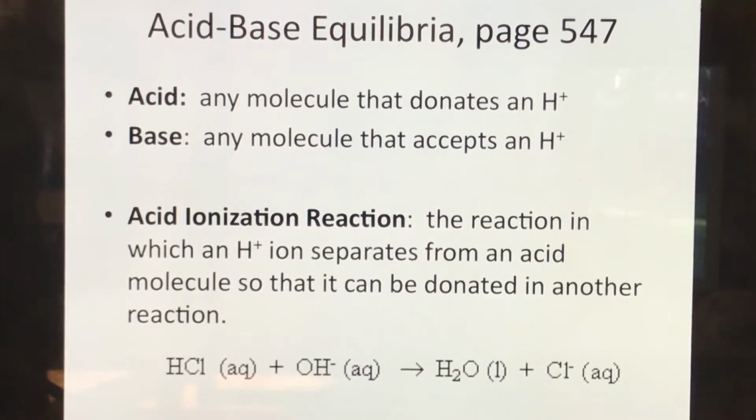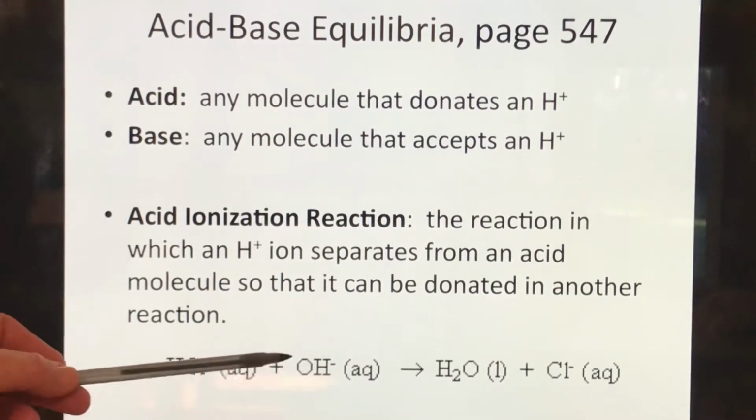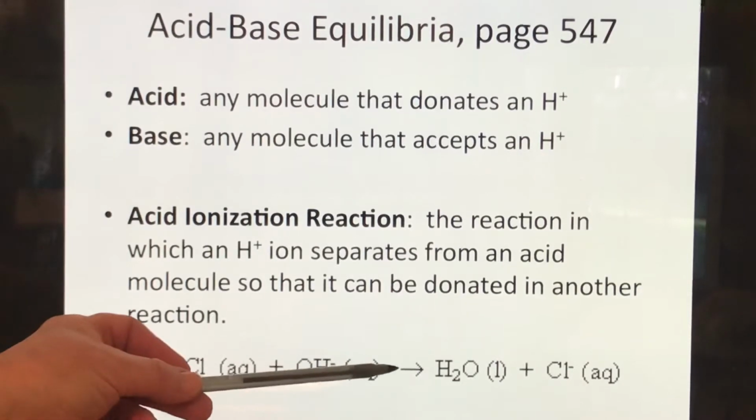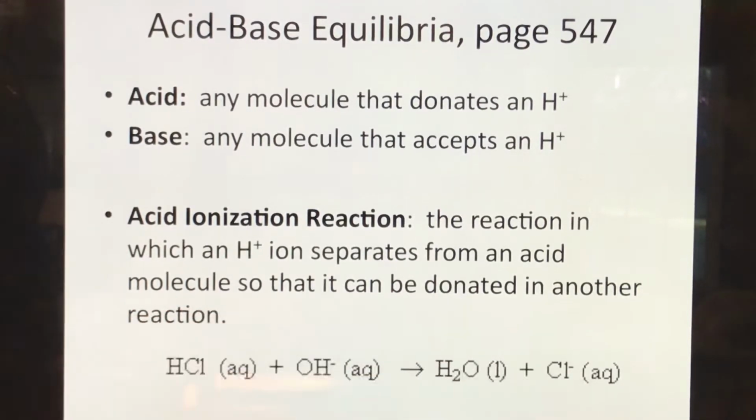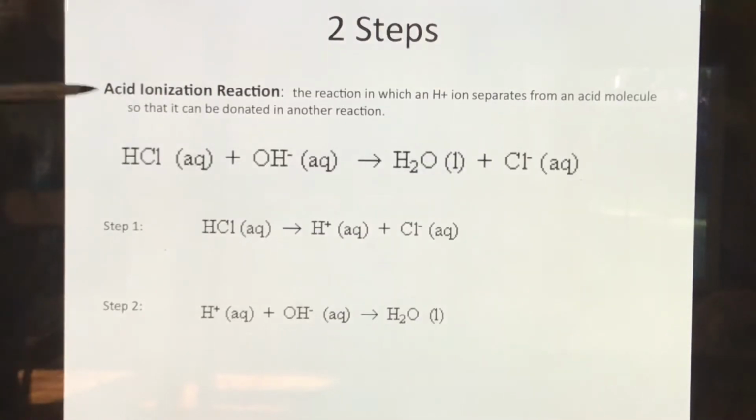in another reaction. A summary of this would be hydrochloric acid with hydroxyl groups yields water and chlorine ions. What the book explains is that even though this is one equation, it actually happens in two steps.